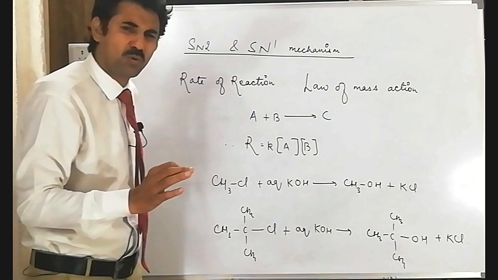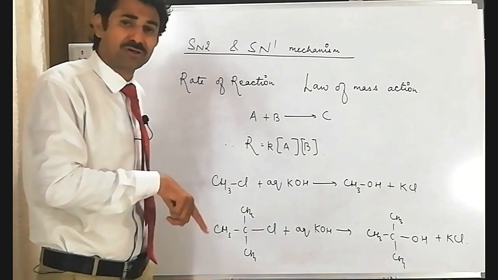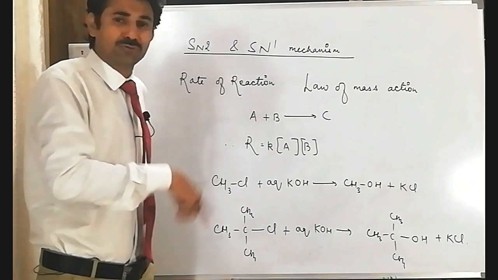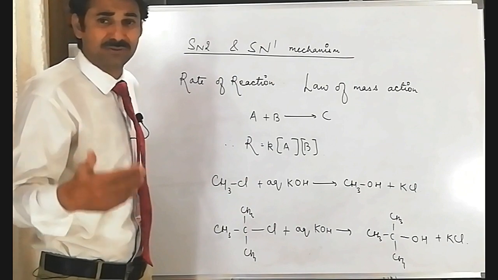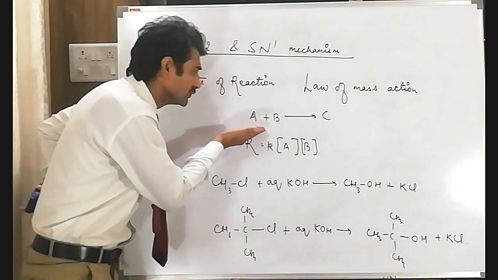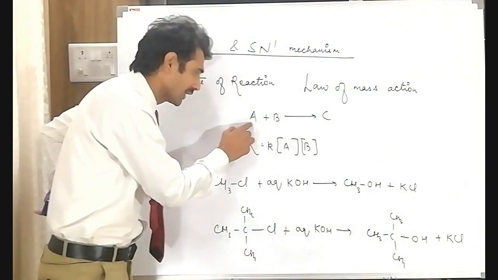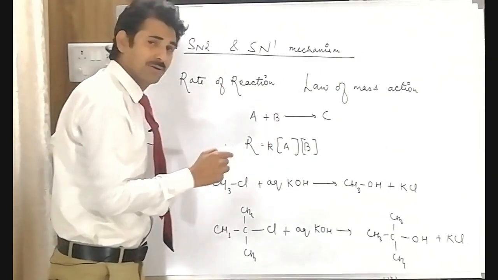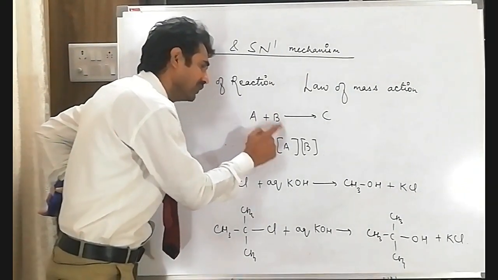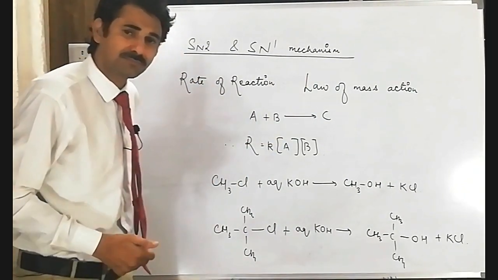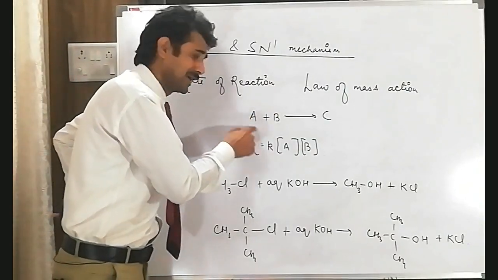That means if we want to increase the rate of the reaction, we'll have to increase the concentration of reactants. In this case, we have reactants A and B. So if we increase the concentration of A and B, the rate would definitely increase. Or we can say the rate is dependent upon the concentration of A and B.